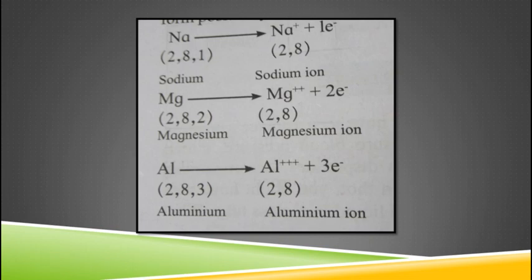Next is aluminium, electronic configuration 2, 8, 3. Here 3 valence electrons are present, so aluminium will have a 3 plus charge, Al3+. After losing 3 electrons, its electronic configuration will be 2, 8. So this is an aluminium ion after losing 3 electrons.